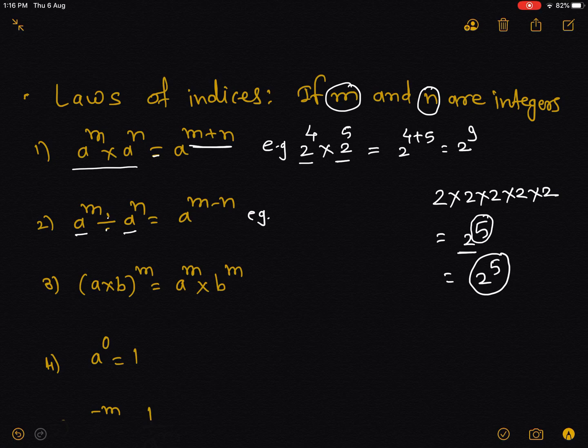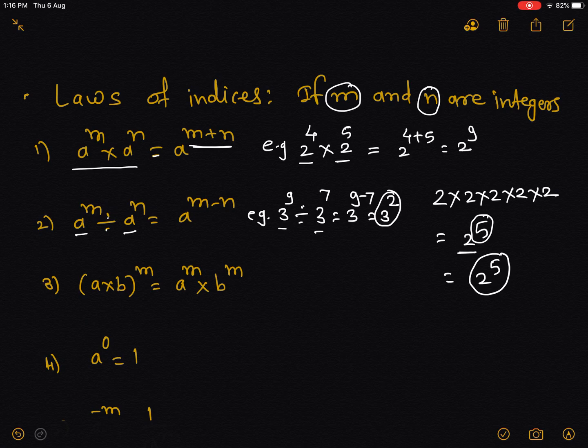For example, 3 raised to 9 divided by 3 raised to 7. The base is the same, there is division, then we get 3 raised to m minus n, that means 9 minus 7, we get 3 raised to 2. The answer is 3 raised to 2.